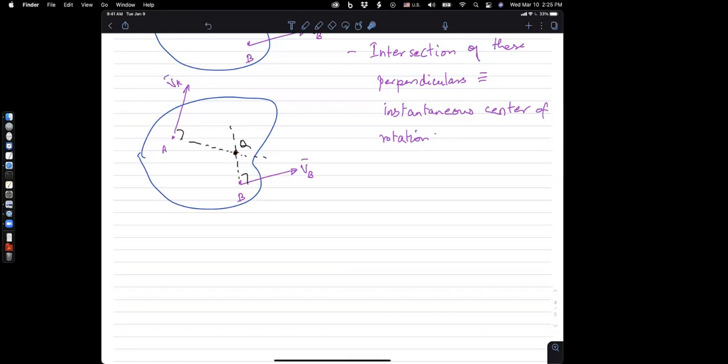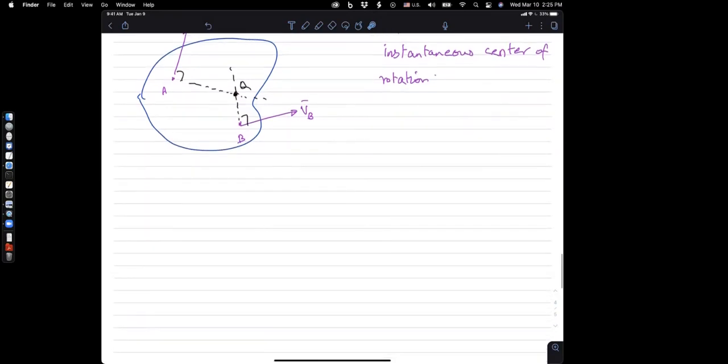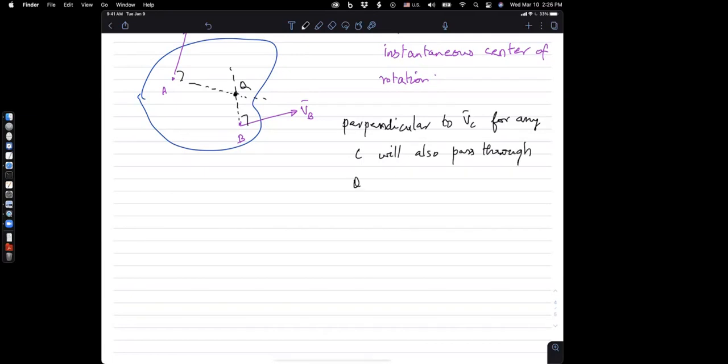So the perpendicular to V_C for any C will also pass through Q.